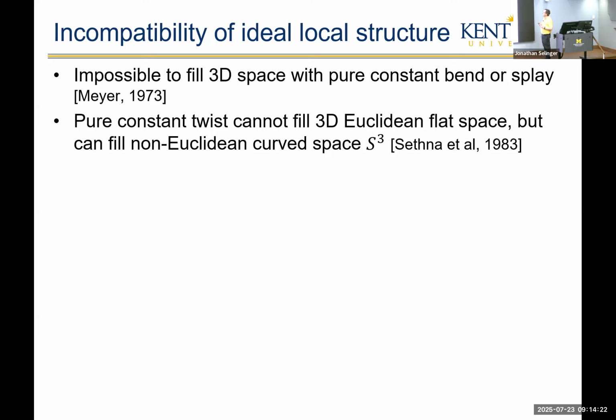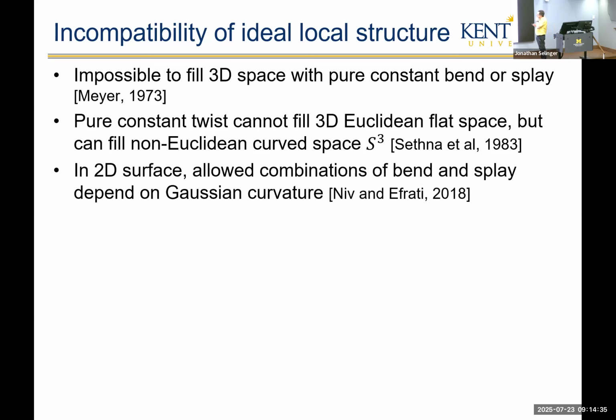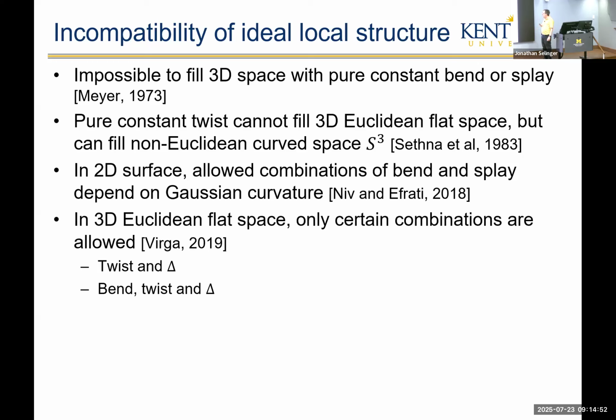And they tried to fill up space with pure constant twist. It didn't work in flat space, but it did work in S3, in the appropriate non-Euclidean geometry. Okay. More recently, Effie Efrati has shown that in 2 dimensions, you can only have certain allowed combinations of bend and splay which depend on the Gaussian curvature of the 2D surface.